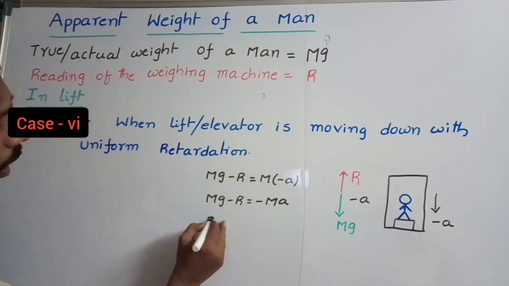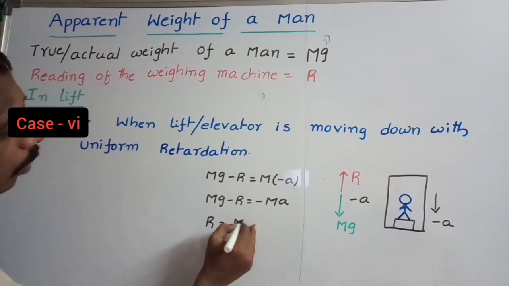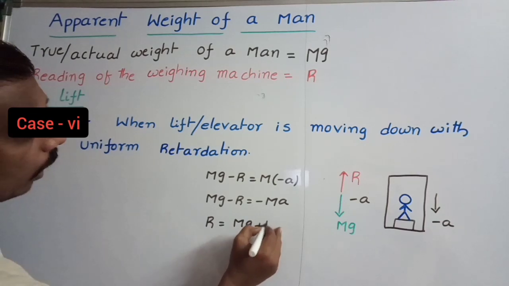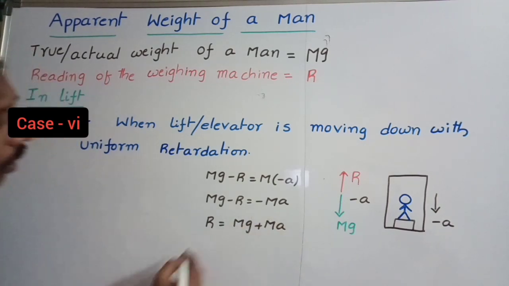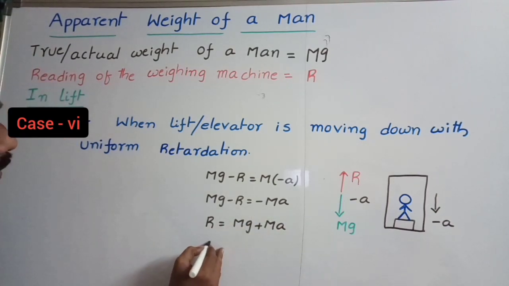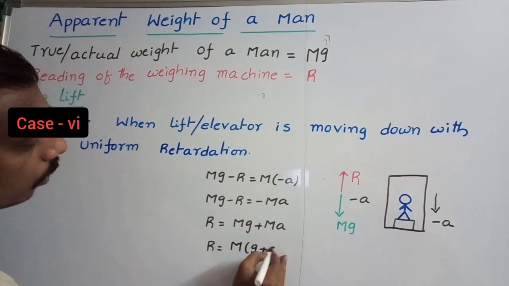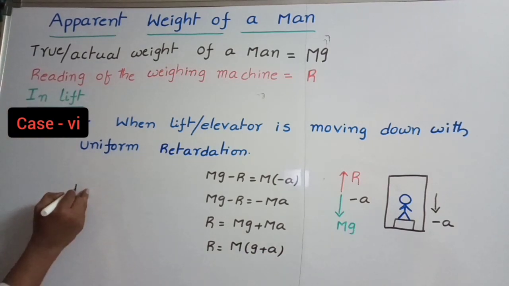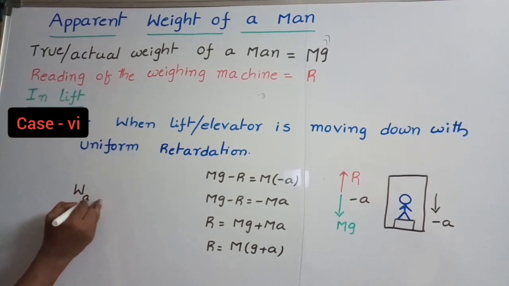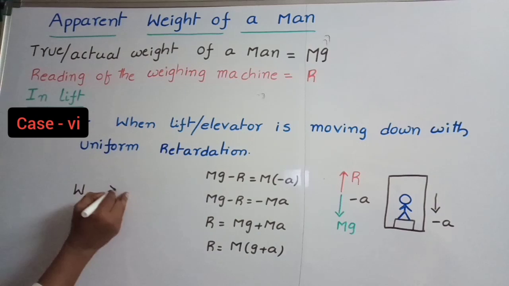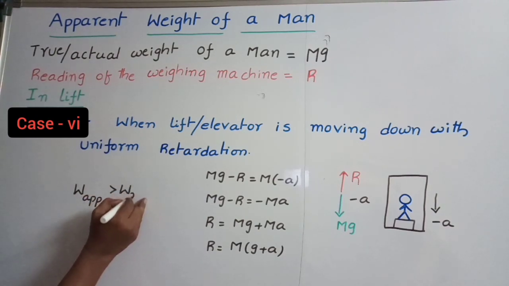From this, R is equal to mg plus ma. In this case, again he feels his weight increases. So while moving in the downward direction, as the lift comes to rest, at that situation he feels more weight, m into (g plus a). So here W apparent is greater than W real.